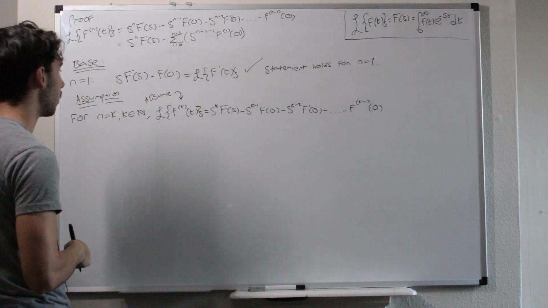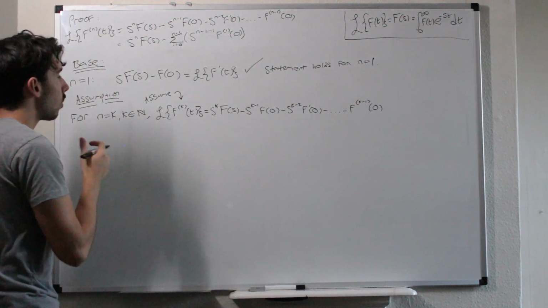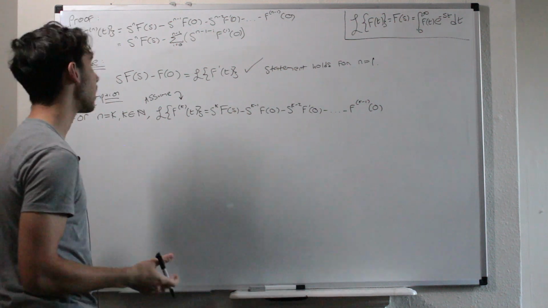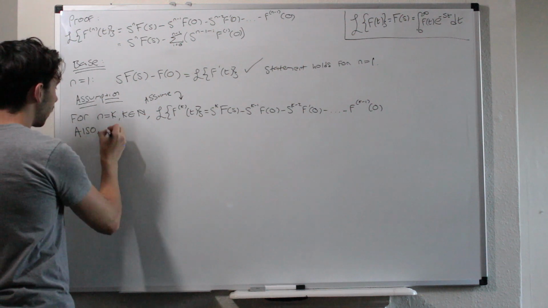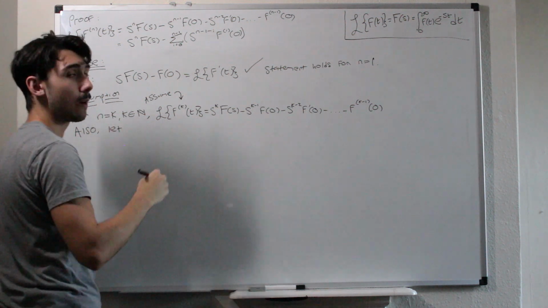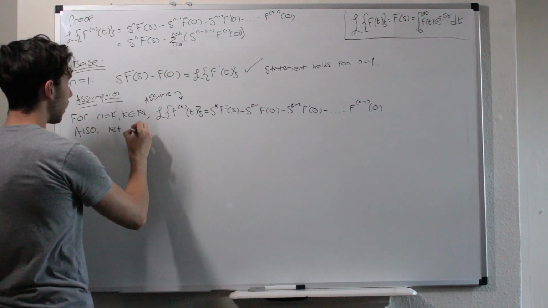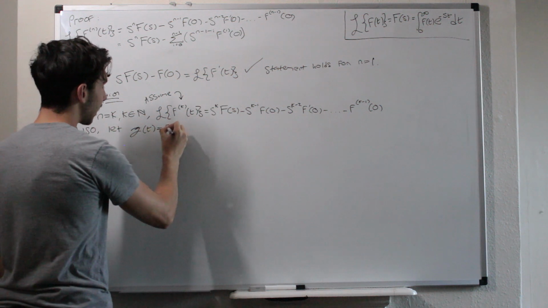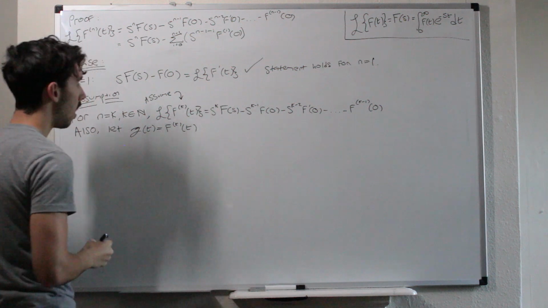That's our assumption. We're also going to quickly jot something down. It's not an assumption. It's just a quick note that we're going to need later on. So I'm going to introduce some new function which I will call g of t. I'm going to let g of t be equal to the kth derivative of f of t, okay?